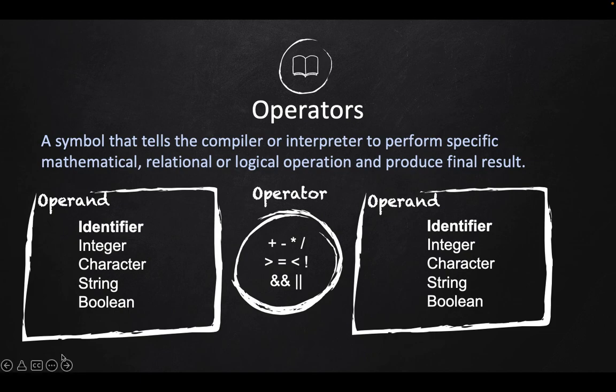I am pretty sure in your basic mathematics you have used many different types of arithmetic operators or sometimes the comparison or relational operators like greater than, less than, something like that.